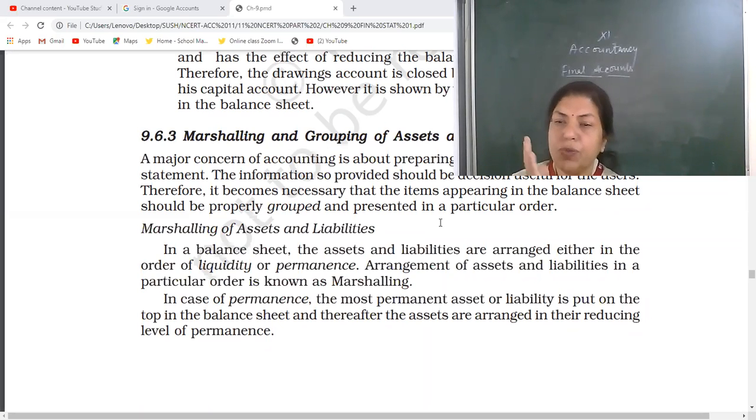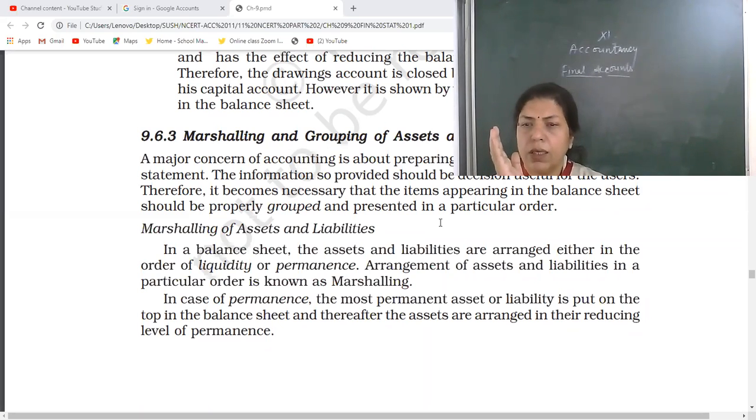Those assets which we will keep for a long time period, not for resale purpose, and used for many years, like land and building, plant and machinery, furniture and fixtures. These all assets will come under the permanence way.